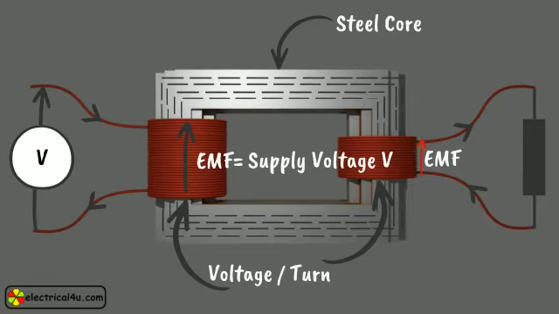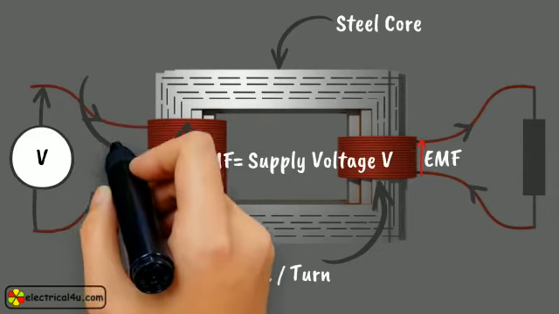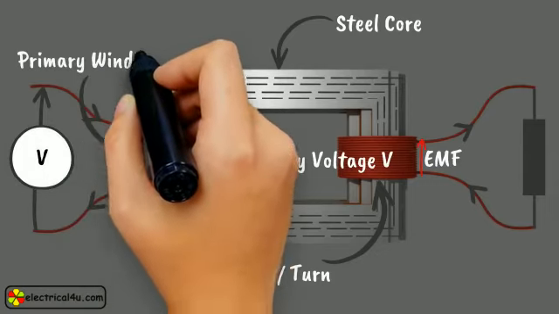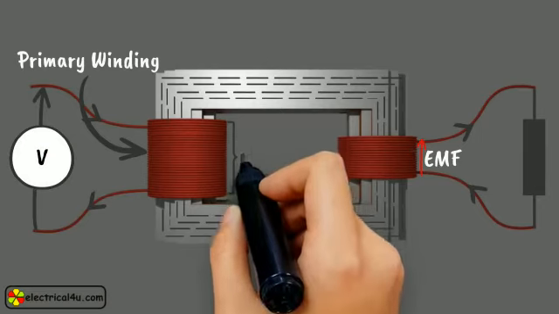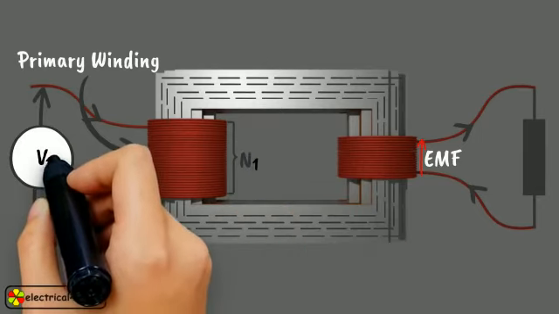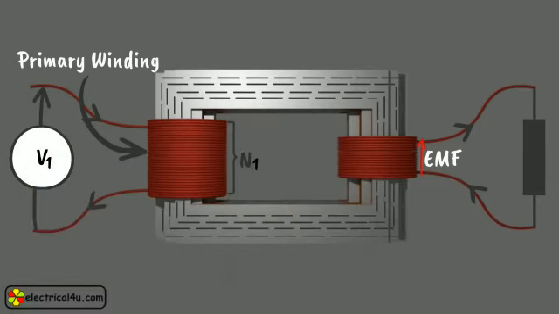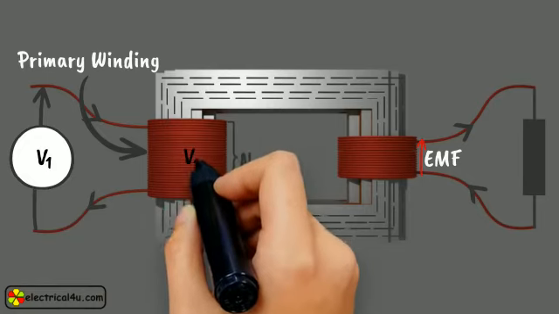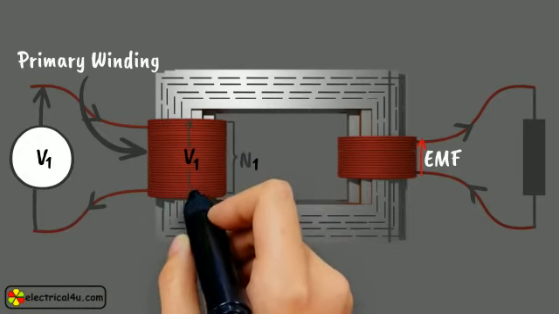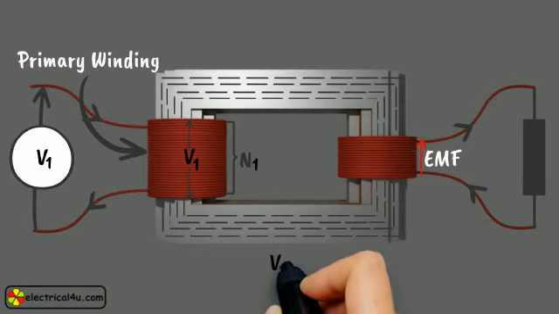As this first winding is connected with supply, it is referred to as the primary winding. Now, if this primary winding has N1 number of turns and the supply voltage or induced voltage across the primary winding is V1, then voltage per turn in the primary winding is V1 by N1.